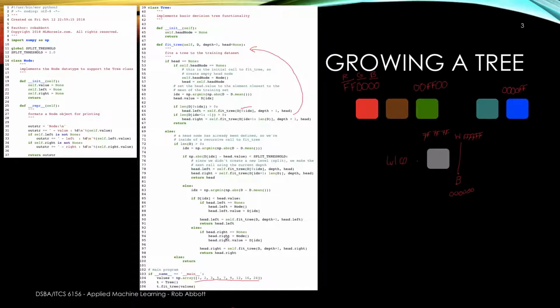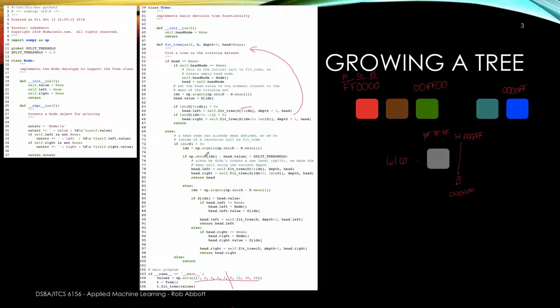I've called it with everything basically to the left side of 9. And that gives me an array D of 1, 2, 3, 5, 7. So now I'm going to skip down to this else section because head has a value. I passed it in. And once again, just as a safety check, I make sure that I passed in an array that has more than 0 elements in it.